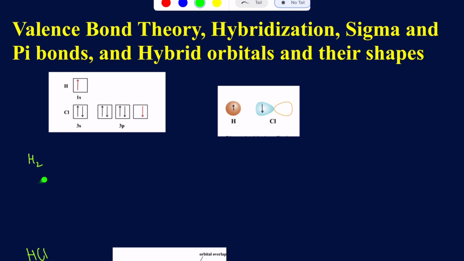Now, when I'm making the bond, the valence bond theory talks about the overlapping of orbitals that are half-filled, not fully filled, but rather the half-filled atomic orbitals.